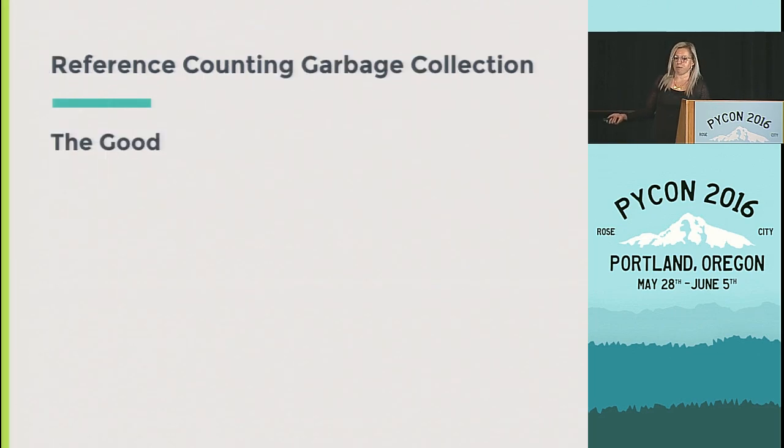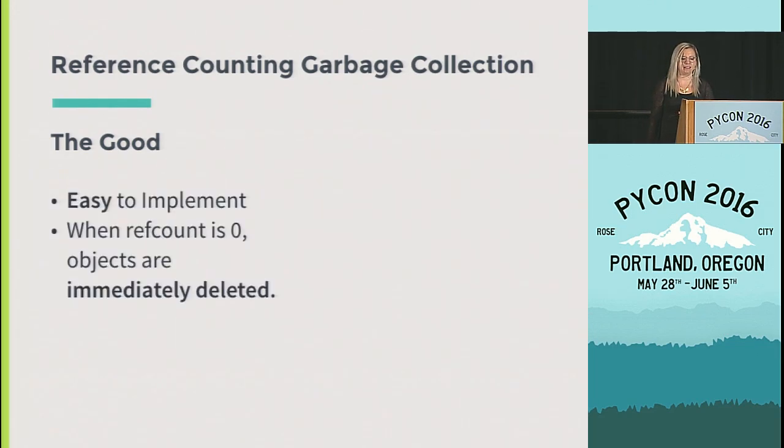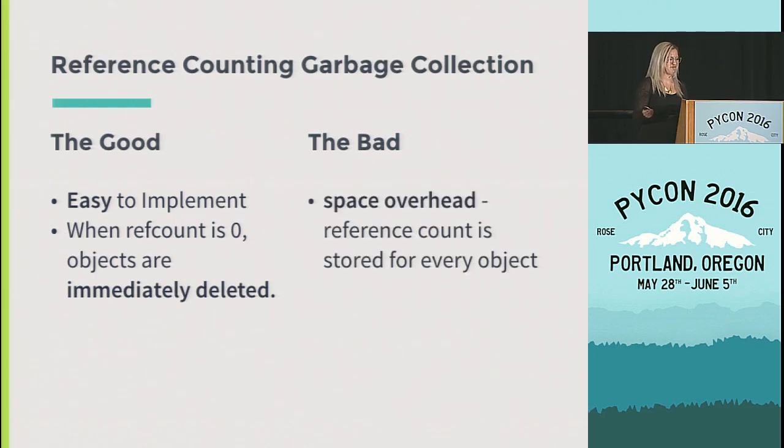So the good thing about reference counting garbage collection is that it's pretty easy to implement. And when that ref count is 0, those objects are immediately deleted. But it has some downsides. There's a lot of space overhead involved, right? So when your reference count is stored for every object, that data has to live somewhere.